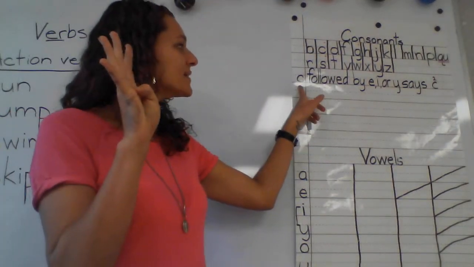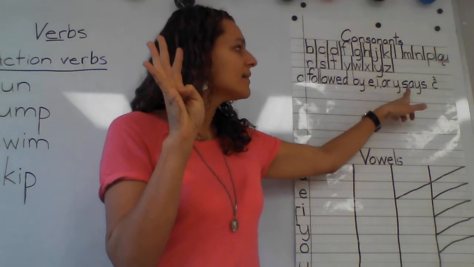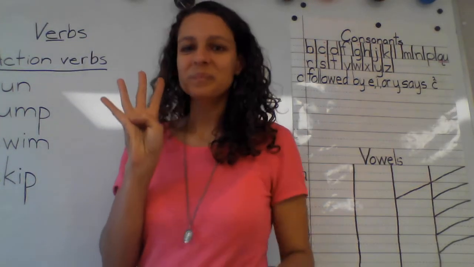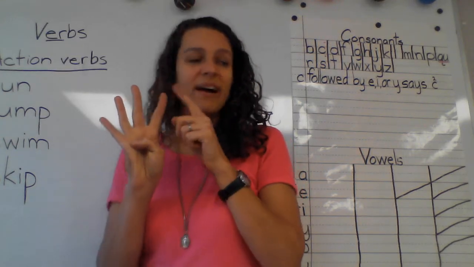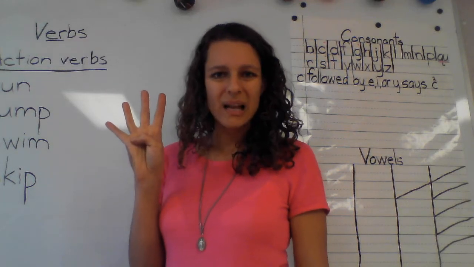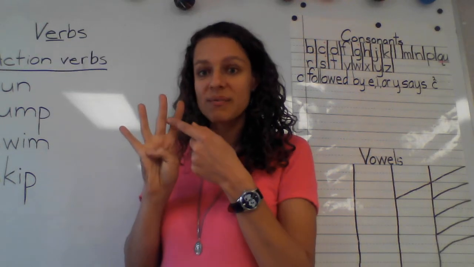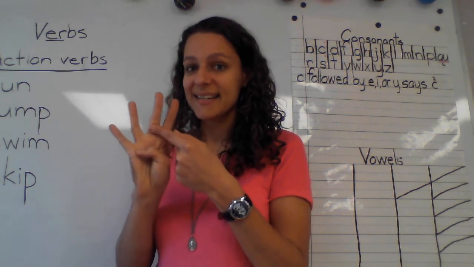Say it with me. C followed by E, I, or Y says S. All right, so if we used k, s, this silent final E would make it say S, and our word would be bice. And I don't think that's a real word. So we've got to use which k? Very good. Line letter k.